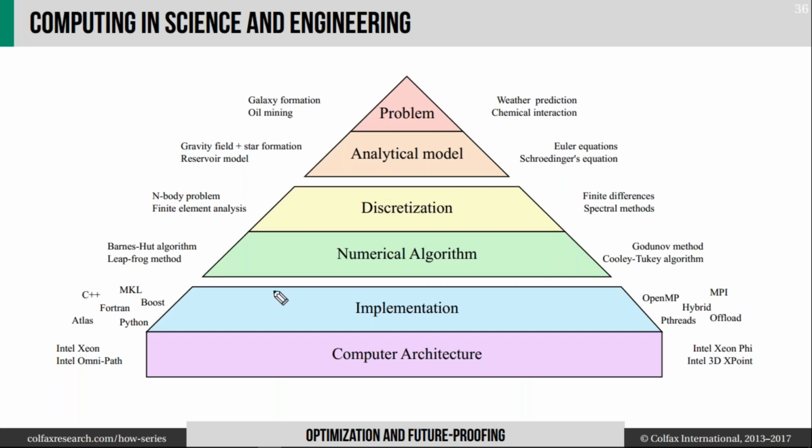We are going to talk about having a particular numerical algorithm and implementing it as close to the underlying computer architecture as possible. Of course, this is not the only opportunity for optimization when you're solving a real-world problem. First, you have to choose an analytical model, and you may make approximations that make your code run much faster.